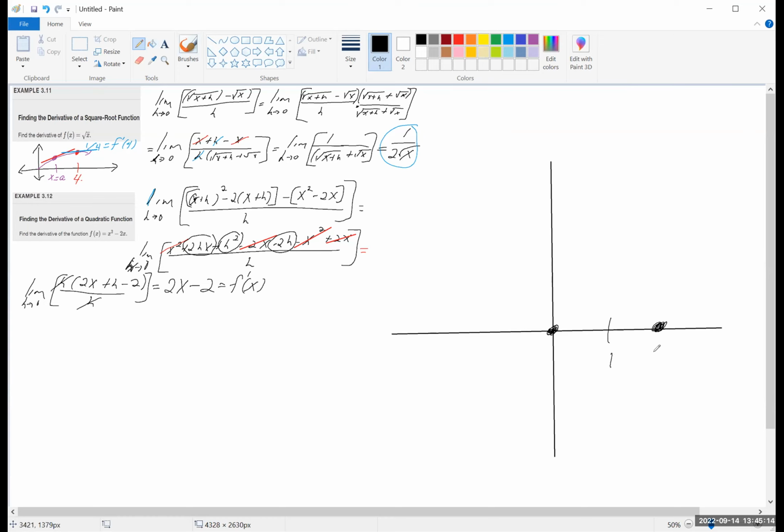So this is 1, this is 2. And I have a curve. I do have some challenge drawing curves here, but let me give it a shot. Oh, that's not terrible.